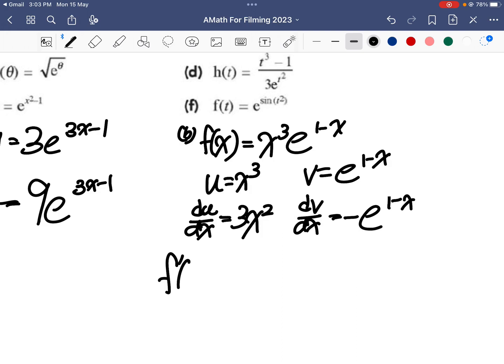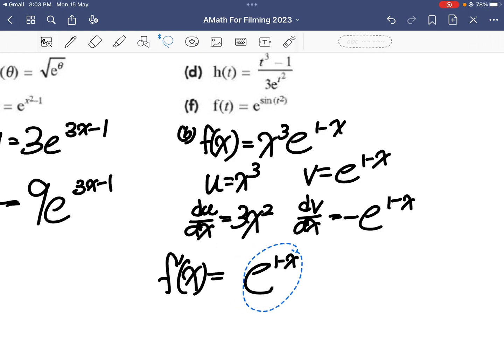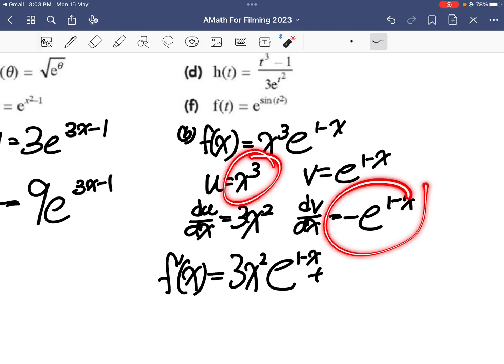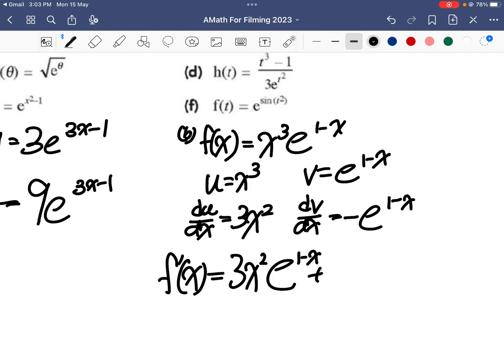Now, if I were to apply the product rule itself, v times du dx, which is 3x squared, so let me just move this here, so it's 3x squared, plus u, x cubed, times dv dx. So here, I just erase the positive, it becomes positive negative, it is negative x cubed e to the power of 1 minus x.